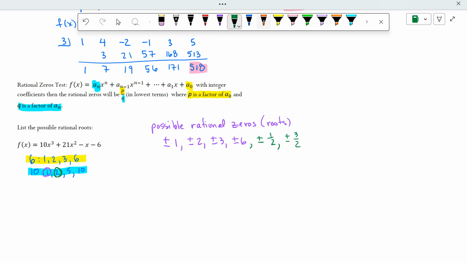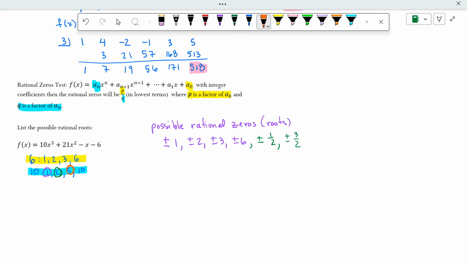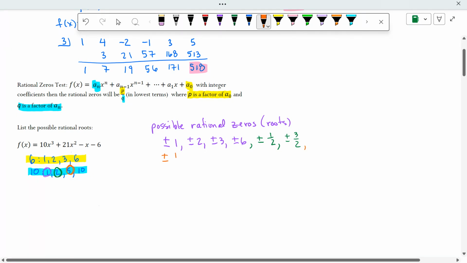Then I need to divide by 5. So then I have plus or minus 1/5, plus or minus 2/5, plus or minus 3/5, and plus or minus 6/5. And then lastly, I am going to divide by 10.